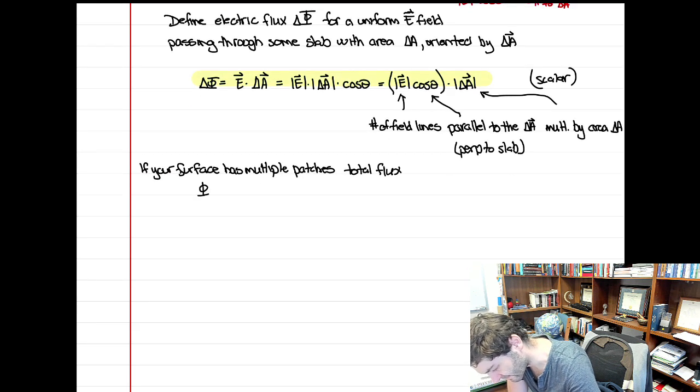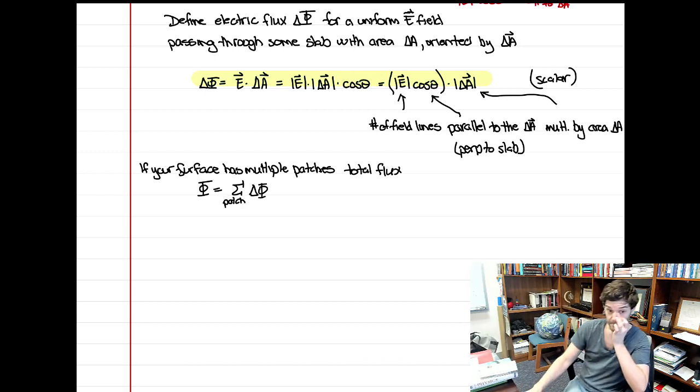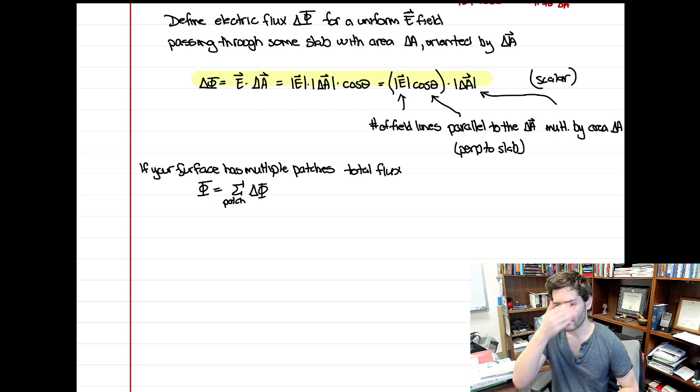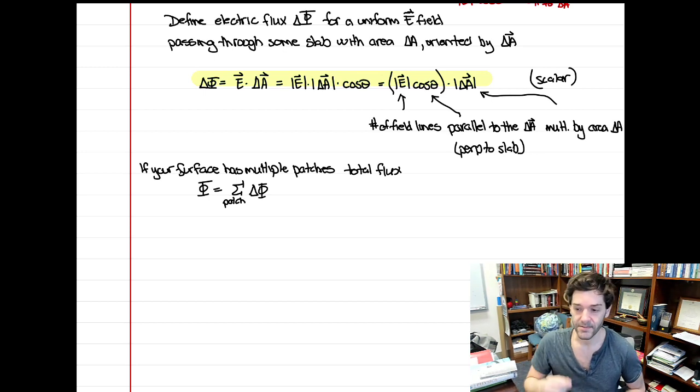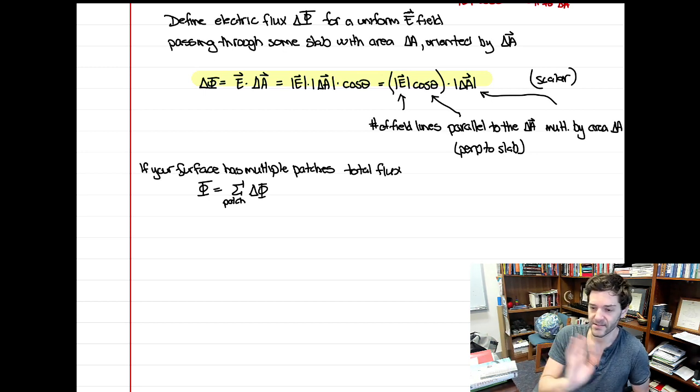So I might define the total flux as the sum, terrible sigma, over the individual patches, for each patch. And then that defines the total flux through a particular surface, which itself might be comprised of a bunch of different patches.